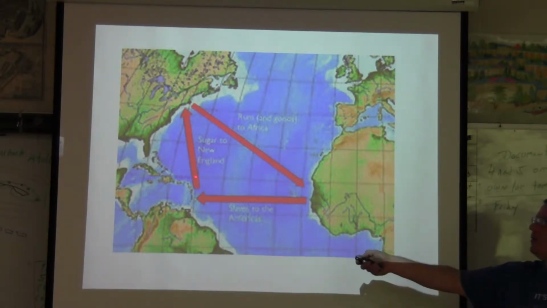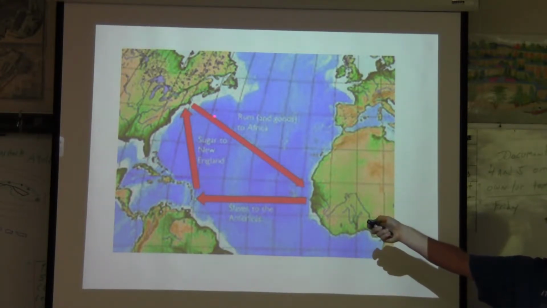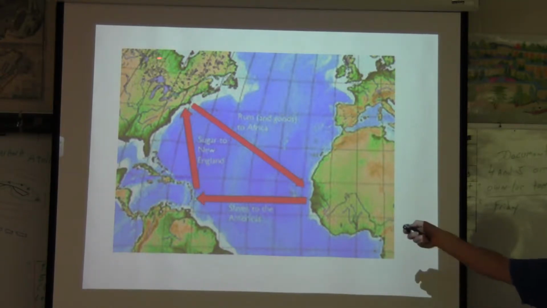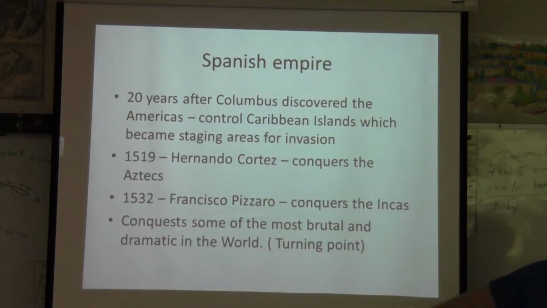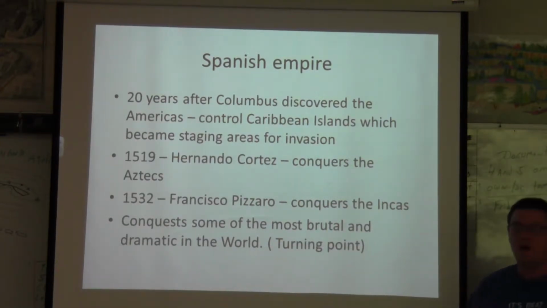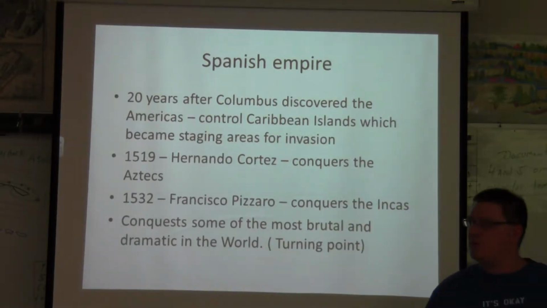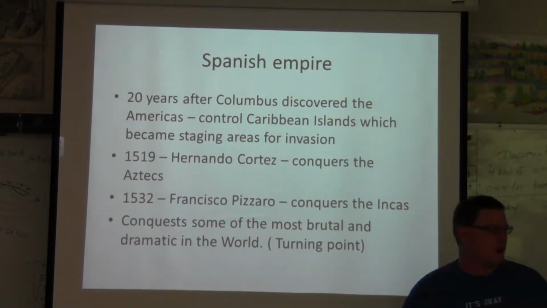Slaves will eventually come over. Raw materials will be taken and extracted from North America, sent to Europe, and the whole triangle, the Americas, Europe, and Africa, will continue. And Spain is going to get the ball rolling. 20 years after Columbus discovered the Americas, the Caribbean islands, Haiti and Puerto Rico and Cuba, have become staging areas for Spain.